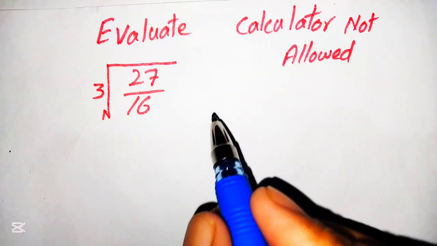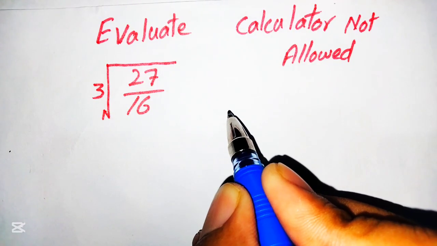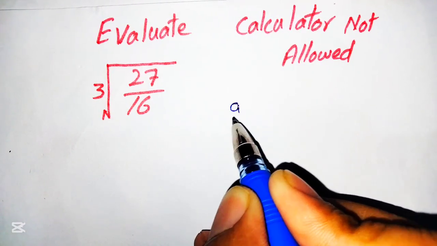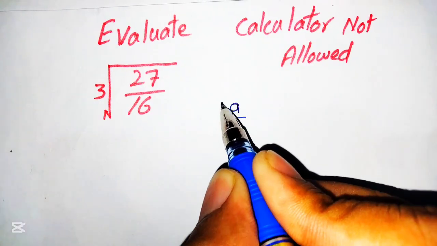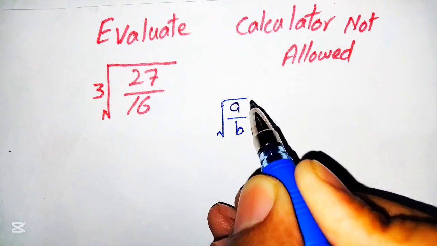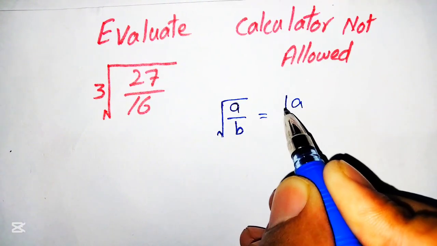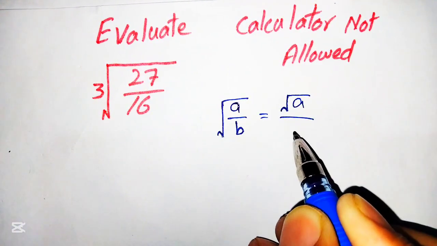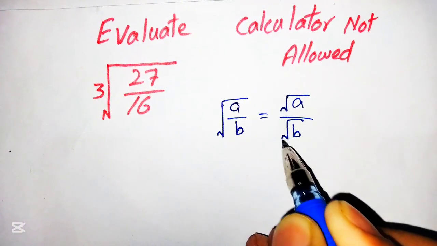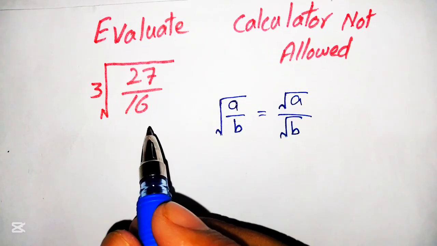In the start we will apply the formula which is given as: if we have the square root of a over b, then we can write it as separate square roots, that is the square root of a divided by the square root of b. Similarly, we can apply this formula here.